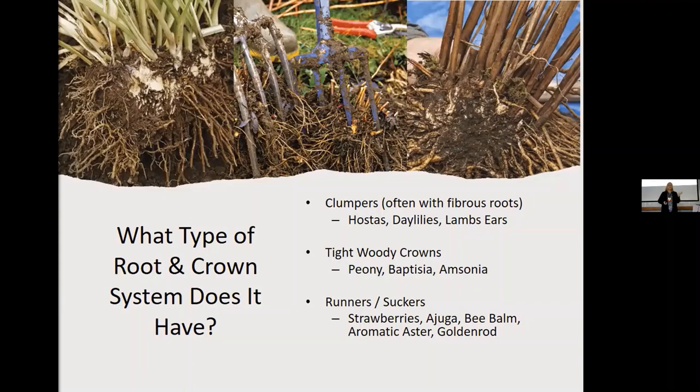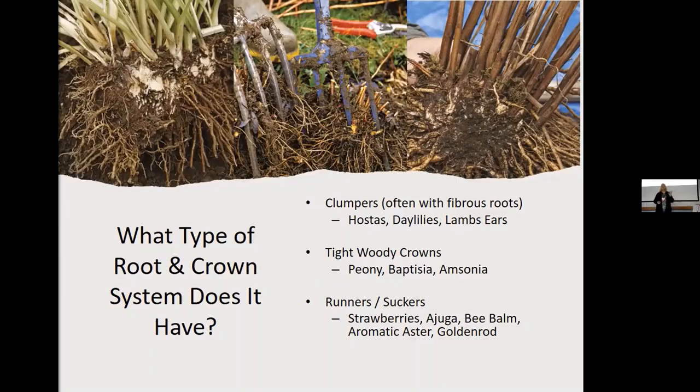The first one is clumpers, and that's where you have kind of a solid mass of a crown structure. You've got multiple stems coming up, and then the roots coming down from the bottom. Similar to the clumper is the tight woody crown, and that looks very similar, but that crown is extremely dense, and so you'll need some different tools for that.